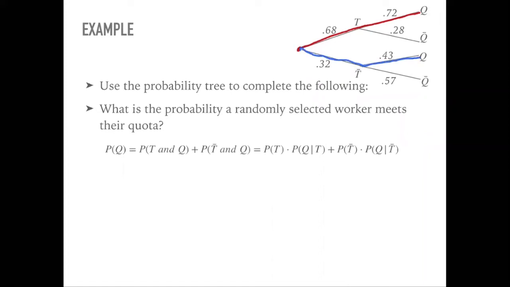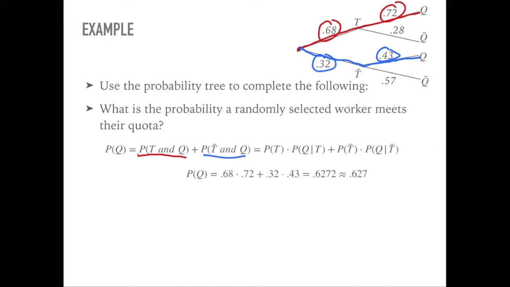As we go along the red path, that is the probability that we were trained and met our quota, so we take these two numbers and multiply them together. Then along the blue path, we take these two numbers and multiply them together. So the probability that a randomly selected worker meets their quota is equal to 0.627.